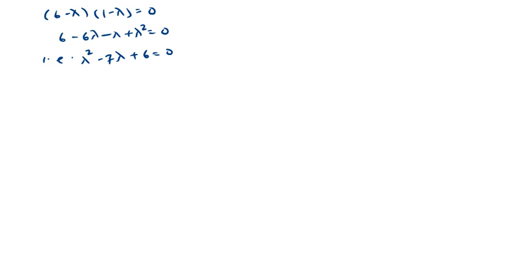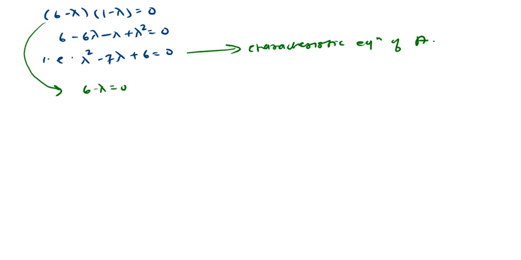This is called the characteristic equation of the matrix A. Now find the roots from this. So 6 minus lambda equal to 0 or 1 minus lambda equal to 0. This implies lambda equal to 6, lambda equal to 1.